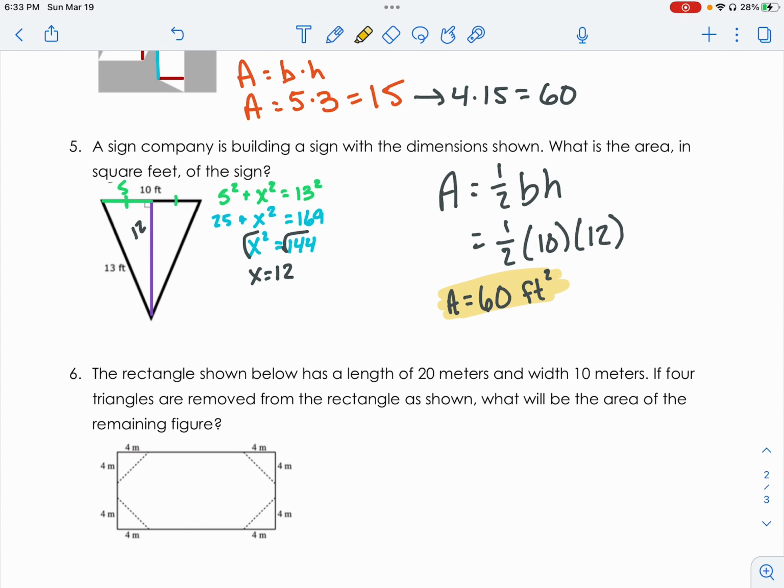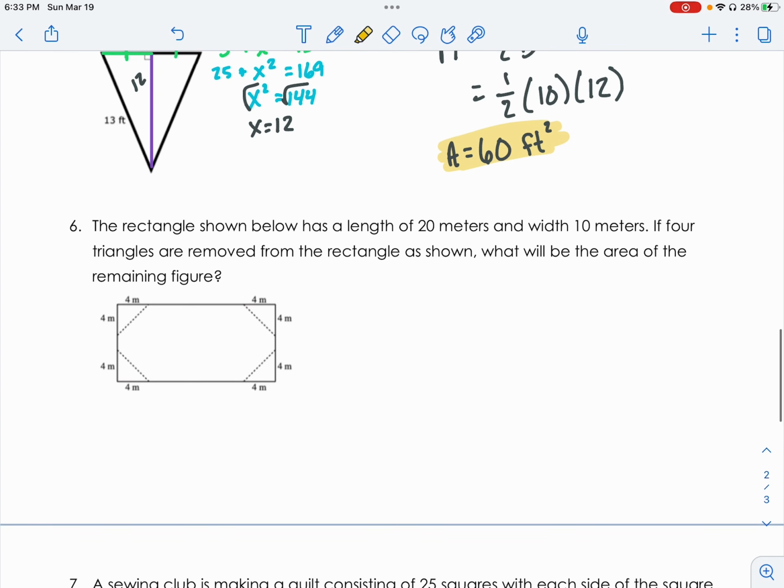All right, I gave us a rectangle here, and we're told that it has a length of 20 meters and a width of 10 meters. If we cut out or remove 4 triangles on the corners, as shown below, what is the area of our remaining figure?